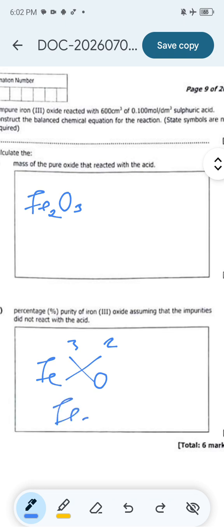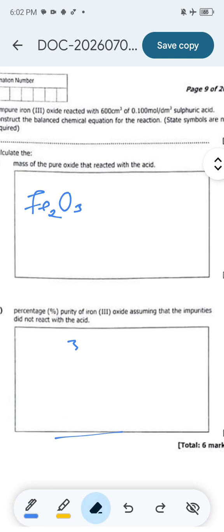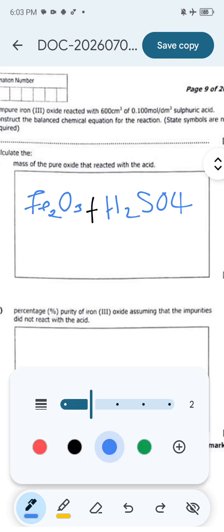That's why we have the formula Fe2O3. So iron(III) oxide reacts with sulfuric acid, and we know that sulfuric acid is H2SO4.